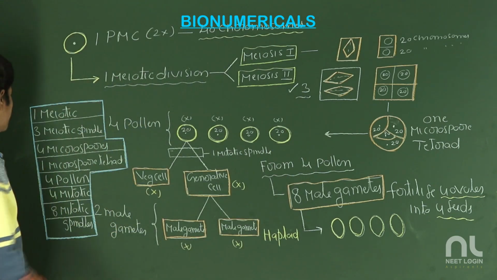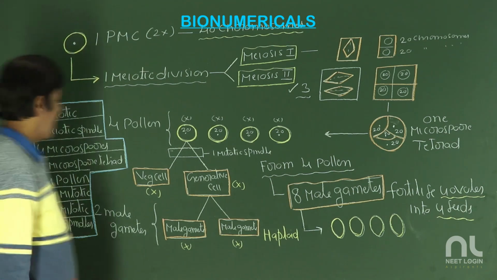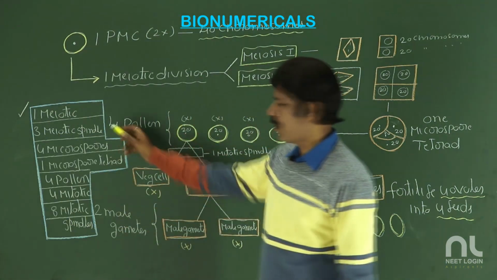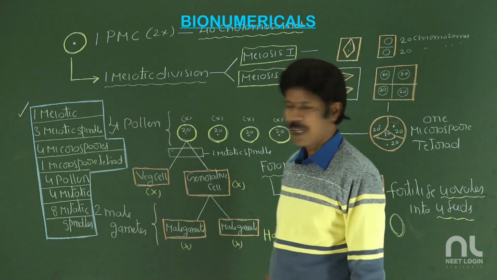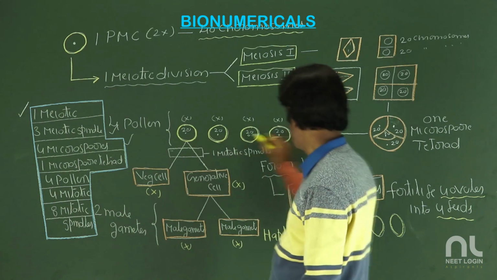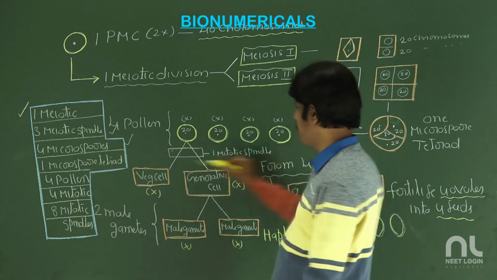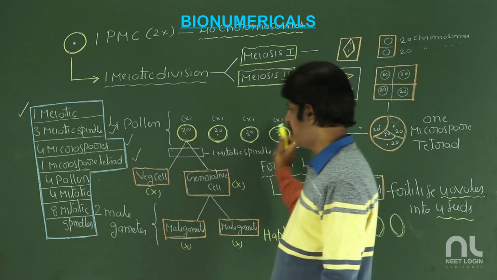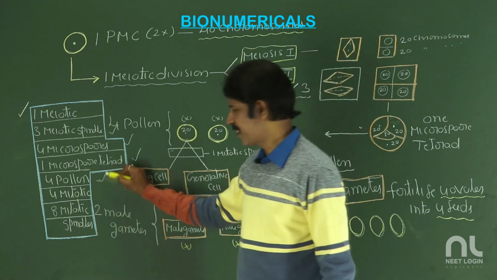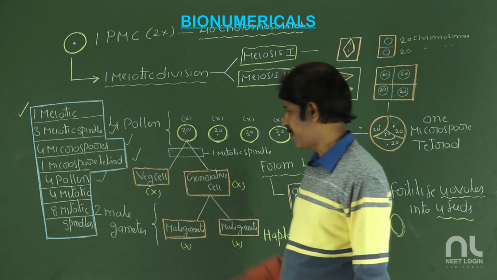So for one pollen mother cell, 1 meiotic division and 3 meiotic spindles. How many microspores? 4 microspores. How many tetrads? 1 microspore tetrad. How many pollen grains? 4 pollen grains. How many mitotic divisions? Each pollen grain, 2 mitotic divisions.